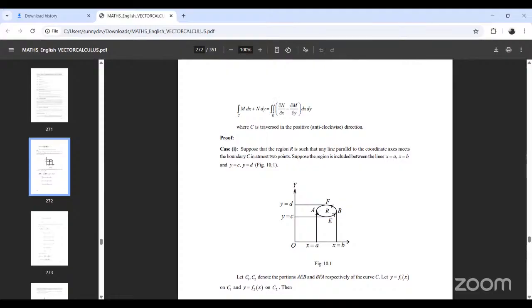If you remember this formula, in the examination it is compulsory. The proof and problems are very important from the examination point of view.